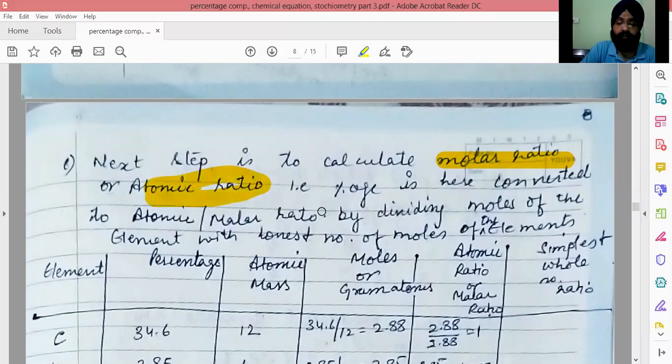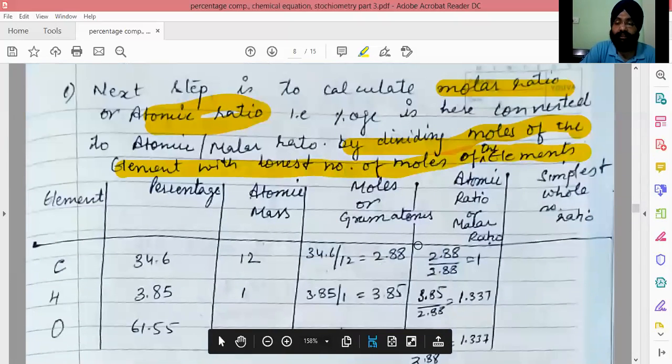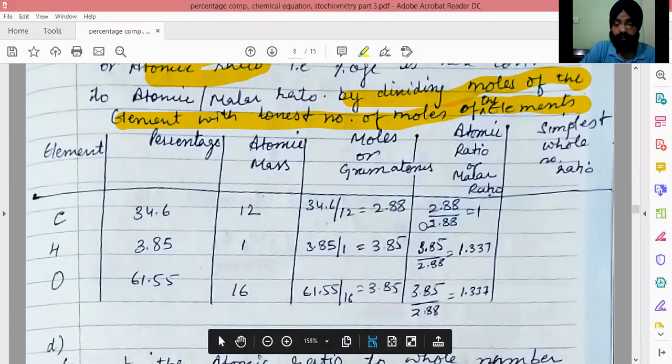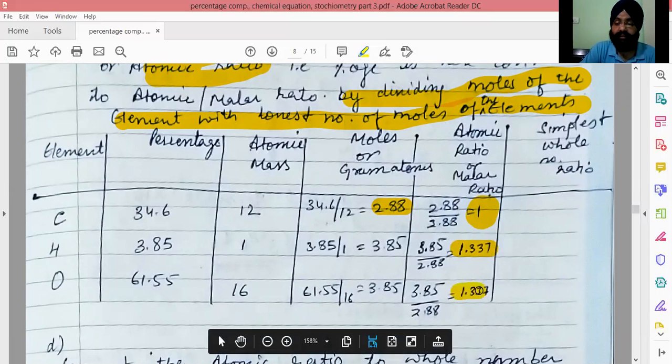We get this by dividing the number of moles of each element by the lowest number of moles among the elements. So this gives the number of atoms with respect to each other. The lowest number is 2.88, so this is 1, in this case it will be 1.337, and in this case again it is 1.37.